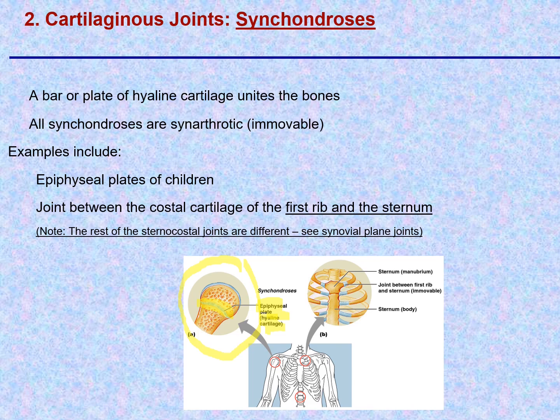So new bony tissue is being formed on either side of the epiphyseal plate. The epiphyseal plate is the area where bone grows so that a long bone can grow in length.